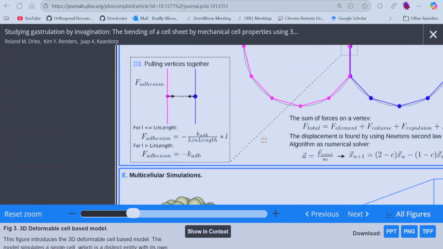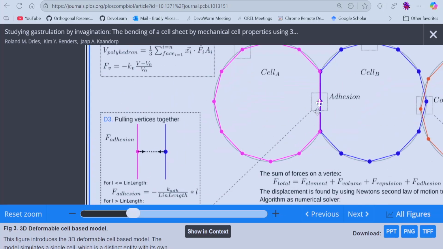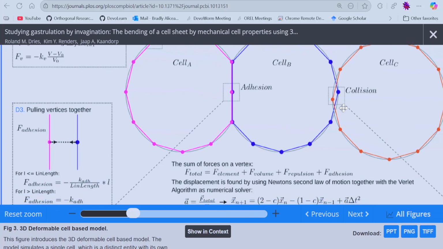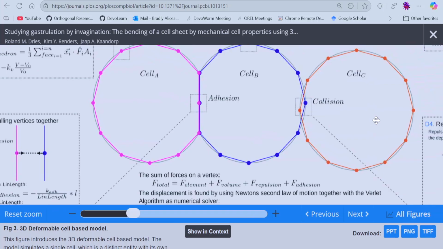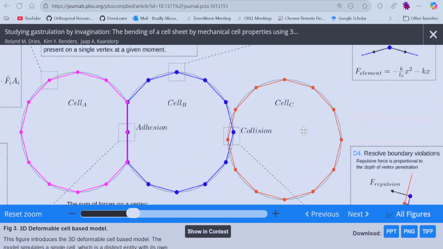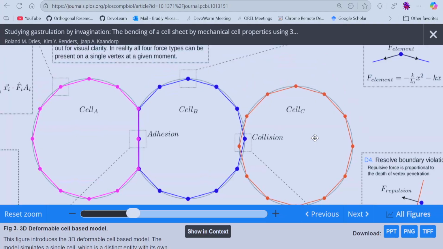And then for pulling vertices together, you have this force of adhesion, where, if you have a certain distance, you have adhesion, and that pulls these edges together so that you have cells that don't have gaps in between them. But it's interesting how they have to deal with these edge cases like collision, and they resolve that by doing some sort of repulsion, which corrects for when you don't get adhesion the way it's supposed to happen.